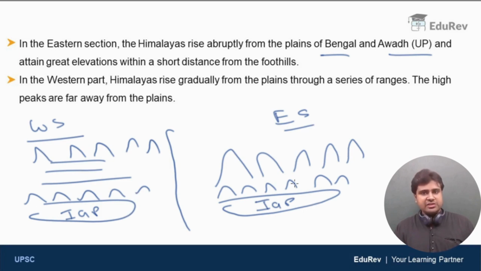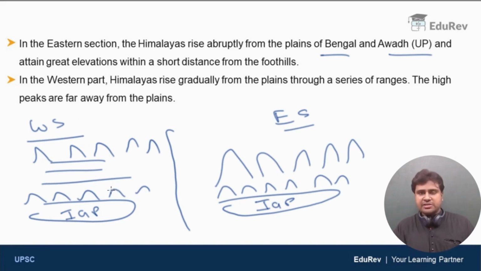Okay, so in the eastern section, just to the north of the Indo-Gangetic plain, you find the foothills or the Shivaliks. And very close to the Shivaliks, you find peaks which are very high, more than 6,000 or 7,000 meters high. But in the western section, above the Indo-Gangetic plain, again you have the Shivaliks.